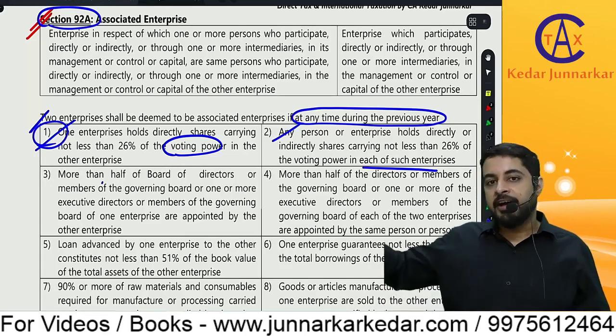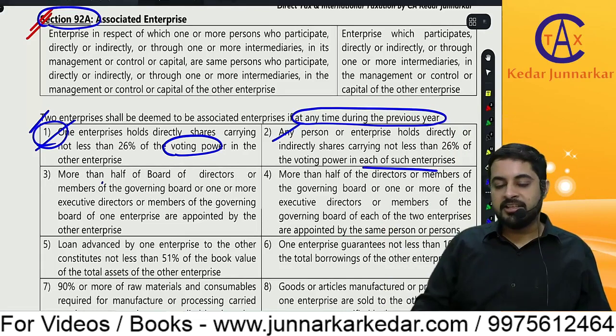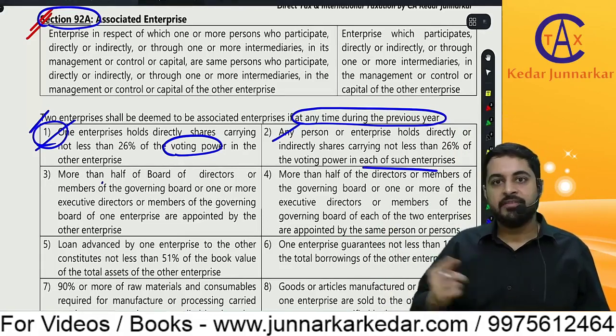There can be 5-6 enterprises in which C Limited is owning 26% or more. In that case, all of them will be considered as A's of each other.